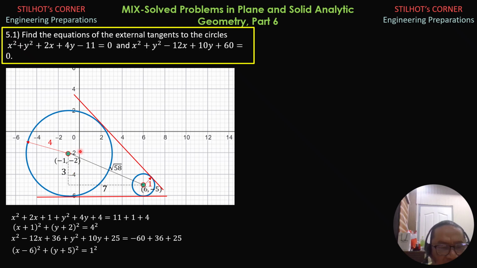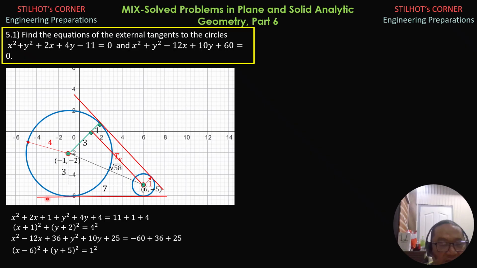So the distance between their centers is square root of 7 squared plus 3 squared, square root of 58. Then we draw a line through the center of the small circle parallel to this tangent line so that we can have the tangent segment analyzed as shown. Since this is parallel, the slope of this tangent is also the slope of this line here.